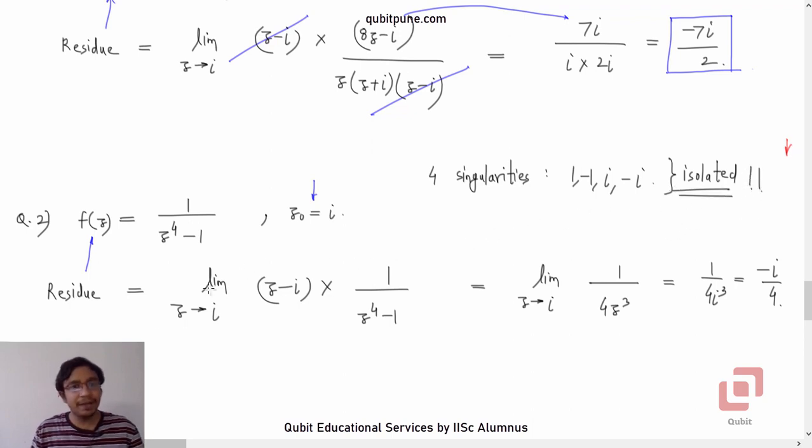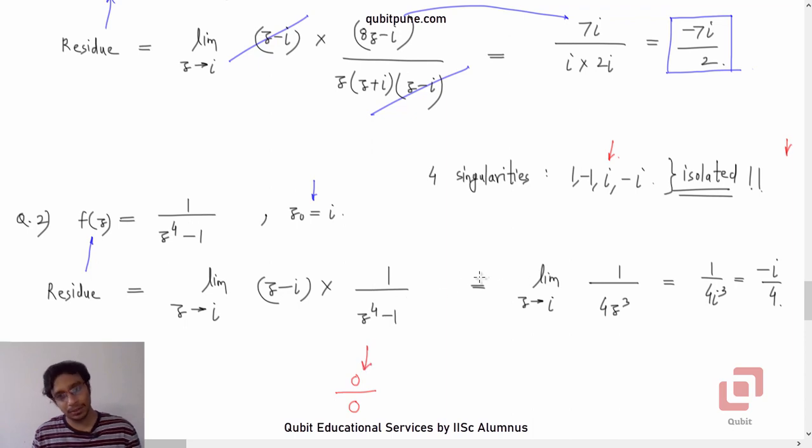We have to find the residue of the function f of z at one of the 4 singularities, and that is i. So the residue is now the limit as z tends to i of f of z times the factor z minus z0, or z minus i. Did you notice that here we are getting the indeterminate form 0 by 0? i minus i is 0, and i to the power 4 minus 1 is also 0.